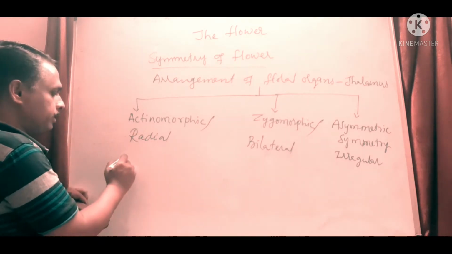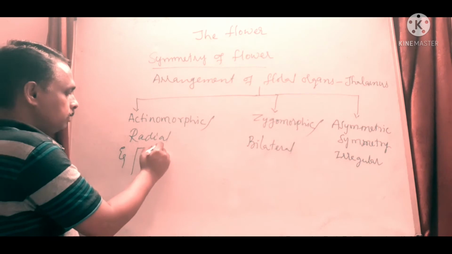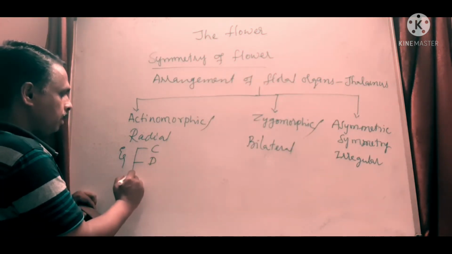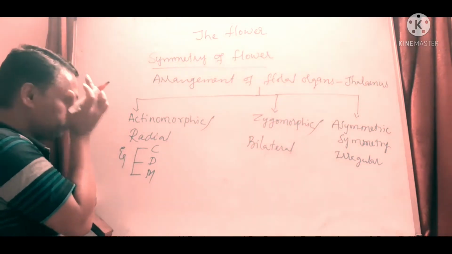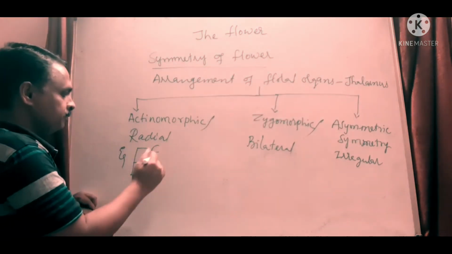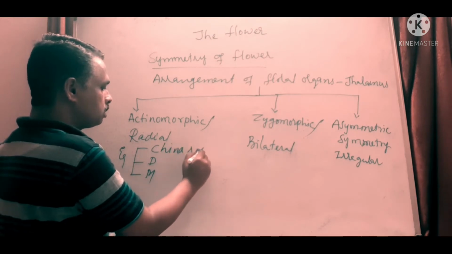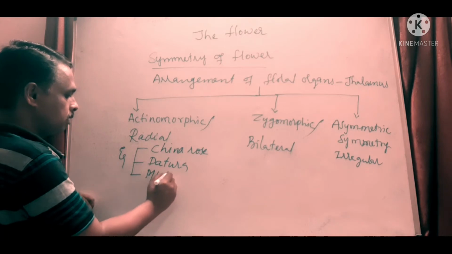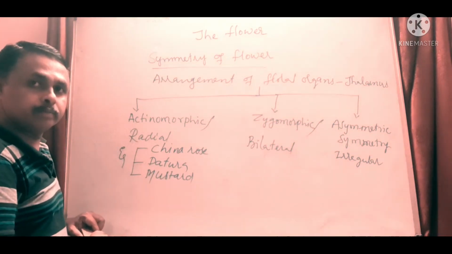Next, examples for actinomorphic symmetry: China rose, Datura, mustard are examples for this actinomorphic symmetry.